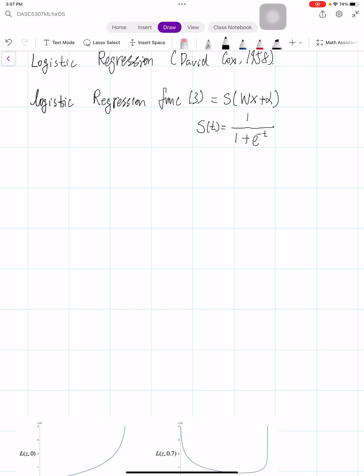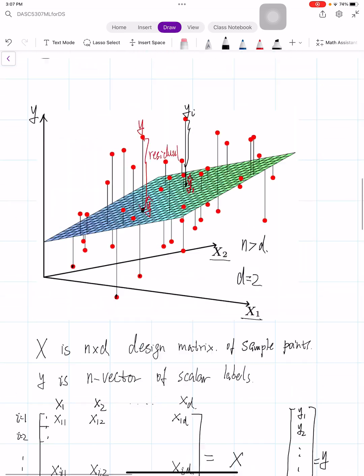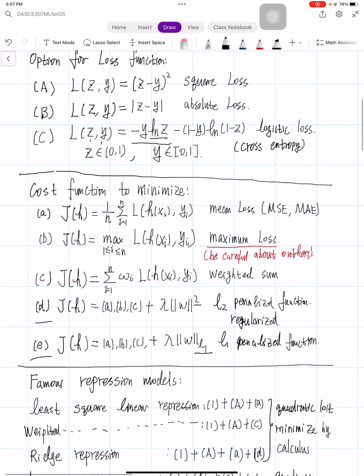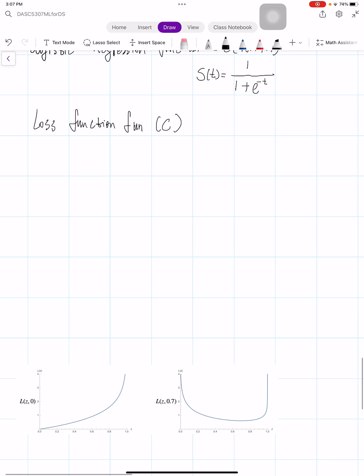And the loss function we pick is the logistic regression loss. Logistic regression loss is given by negative y natural log z minus (1 minus y) natural log (1 minus z).